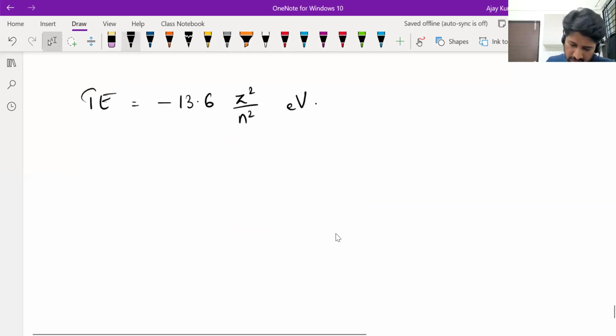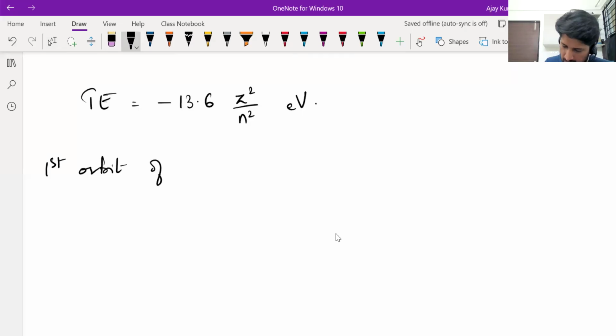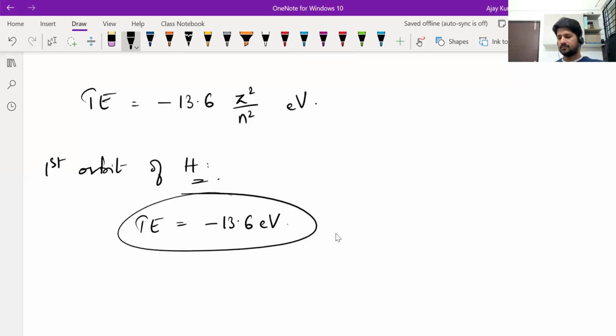So if you consider the first orbit of hydrogen, then the total energy becomes, first orbit means n is 1, hydrogen means z is also 1. The total energy becomes minus 13.6 electron volts. Any other orbit, you just substitute the corresponding n value and z value, you can tell what is the energy of electron in that particular orbit.